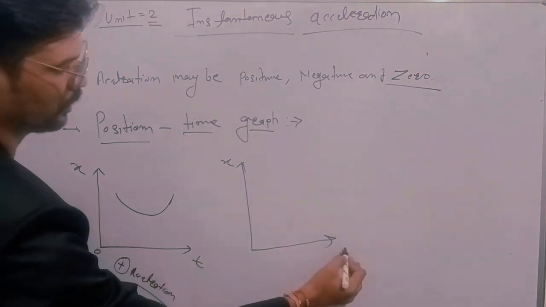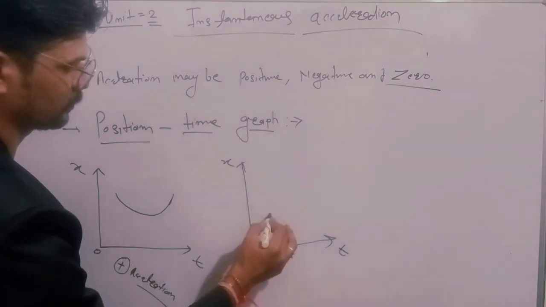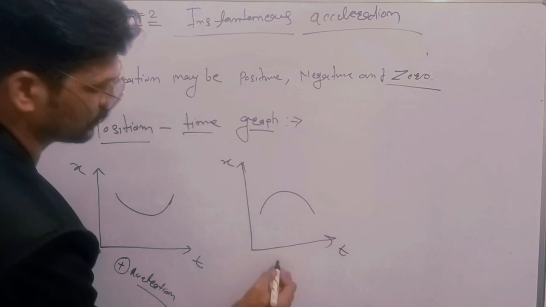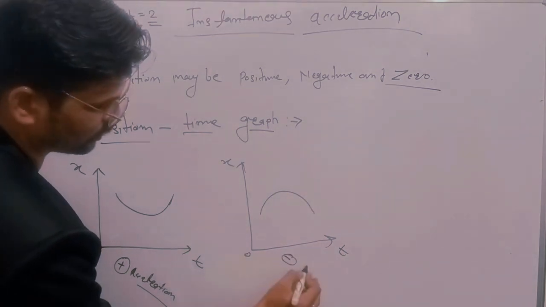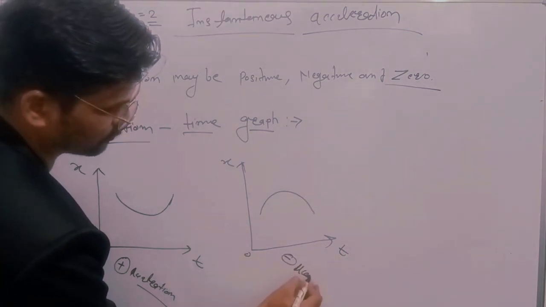And this is a displacement time graph, and the graph is generated in the negative direction, so the graph goes downward. This is a negative acceleration.